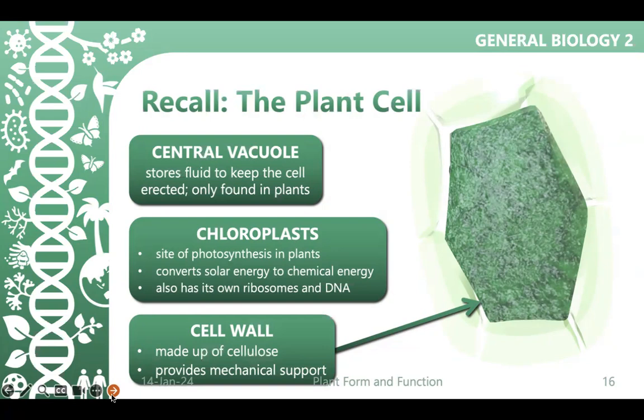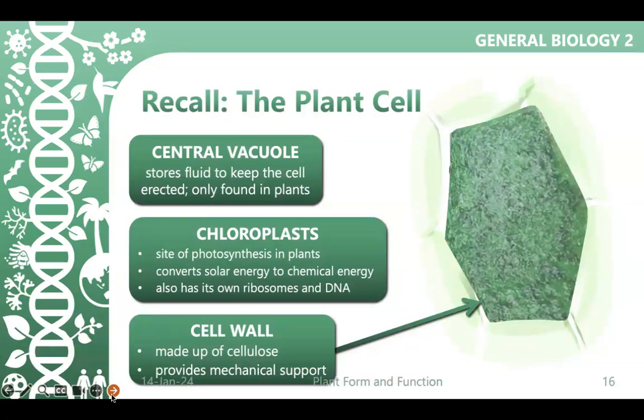We started our lecture with the plant cell because all plant tissues are made up of cells. And how are these plant cells similar to each other? Basically, plant cells are made up of the following. First, they have a central vacuole, which helps in storing fluid to keep the cell erect, together with the cell wall.